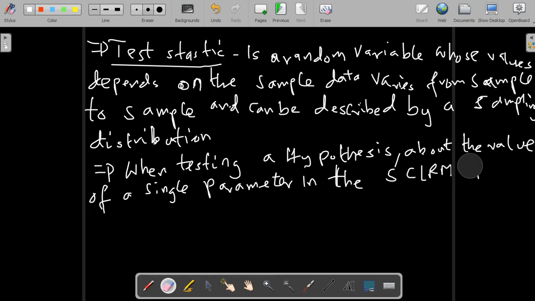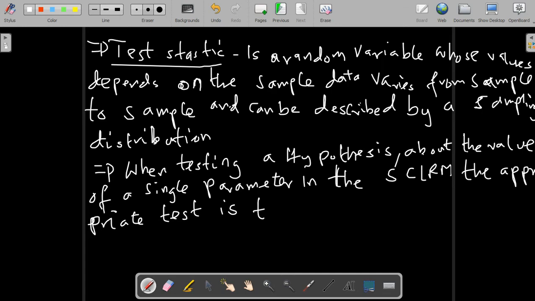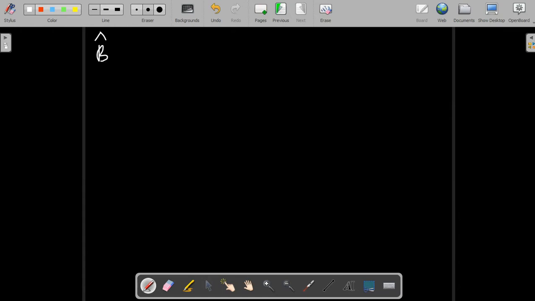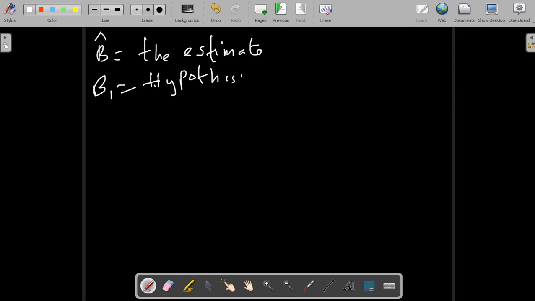Suppose our t calculated, compared with t tabulated, is given by beta estimated minus beta naught, divided by the standard error of beta estimated, with n minus k degrees of freedom. Beta estimated represents the estimate, and beta naught represents the hypothesized value.